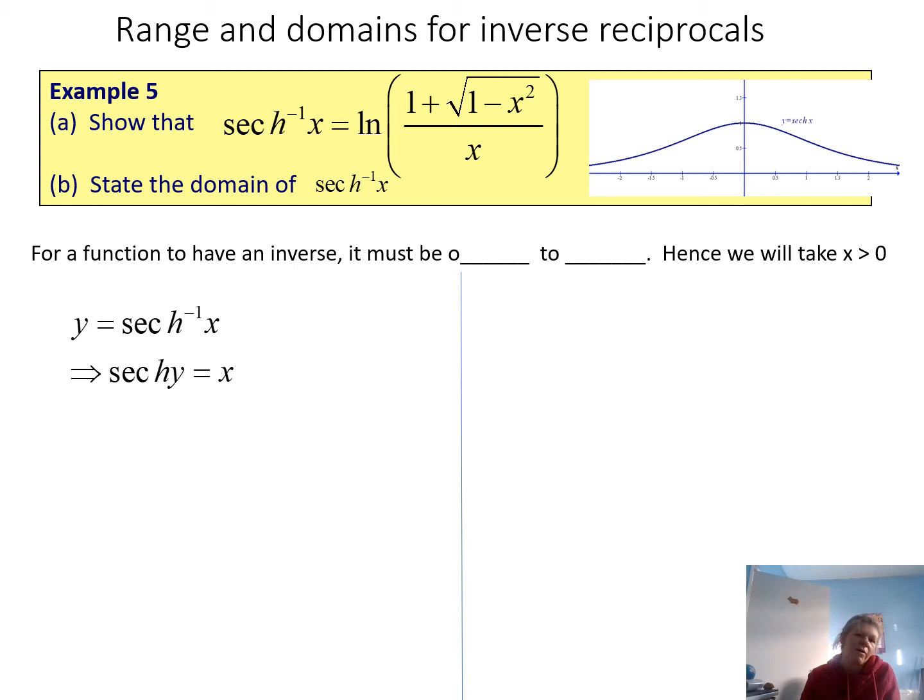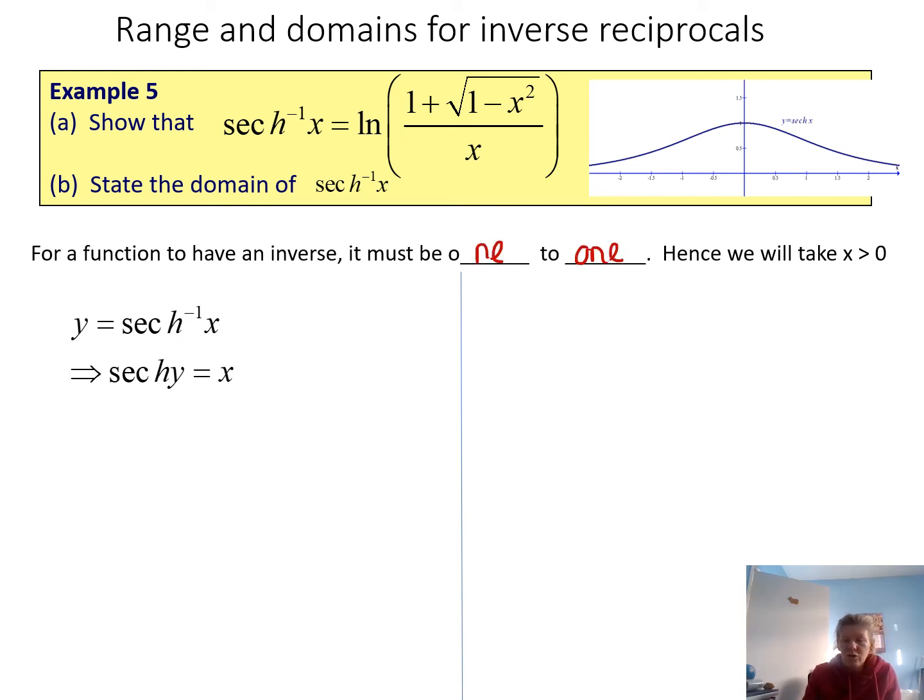Right, range and domain of inverse reciprocals. Now we've got the inverse of the sech. Show that the inverse of the reciprocal is this log function and state the domain of it. If we consider first of all sech, that's the graph of sech. Now, if we're going to have an inverse of it, it must be 1 to 1.